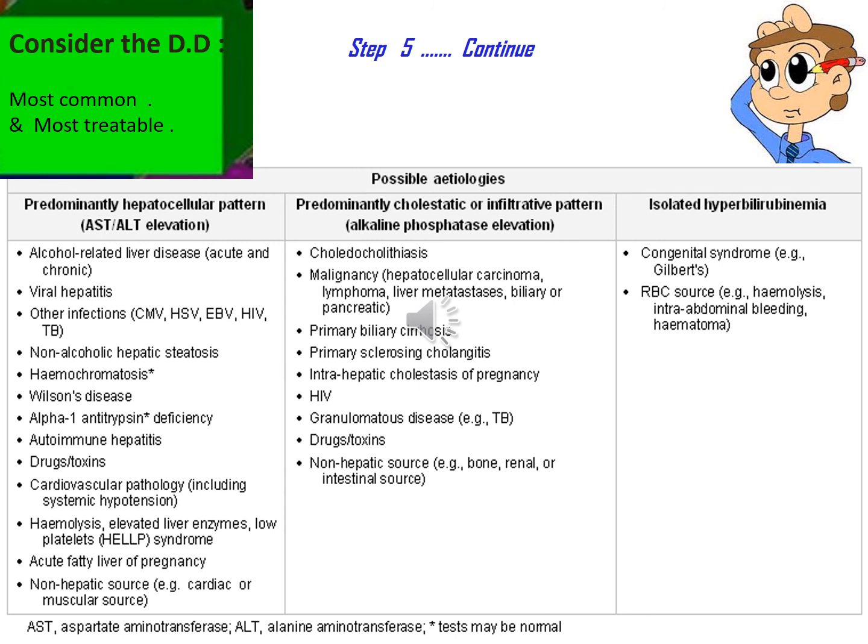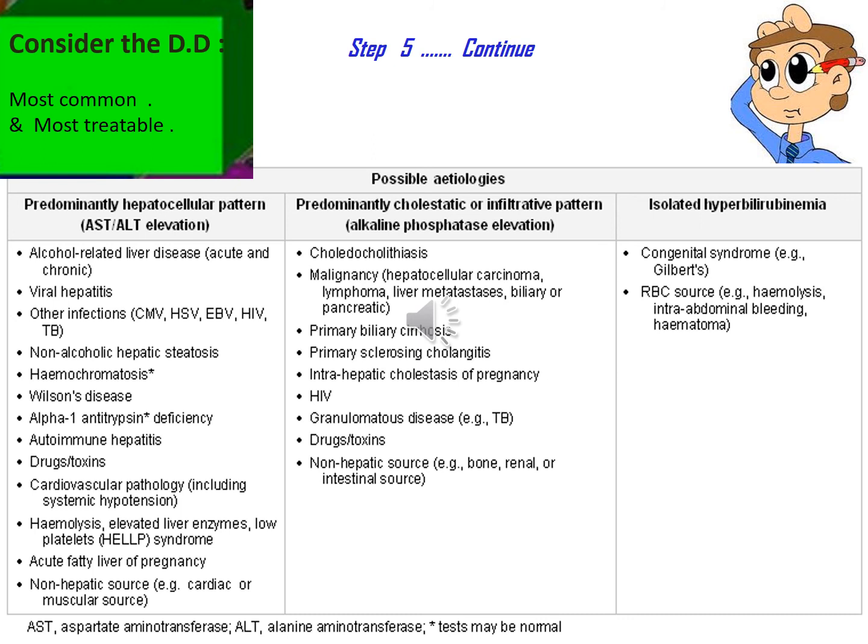If predominantly cholestatic or infiltrative pattern, which means that the main increase is in alkaline phosphatase plus or minus bilirubin, we may think of cholelithiasis, malignancy, primary biliary cirrhosis, primary sclerosing cholangitis, intrahepatic cholestasis of pregnancy, HIV, granulomatous liver disease, drugs and toxins, or non-hepatic source.